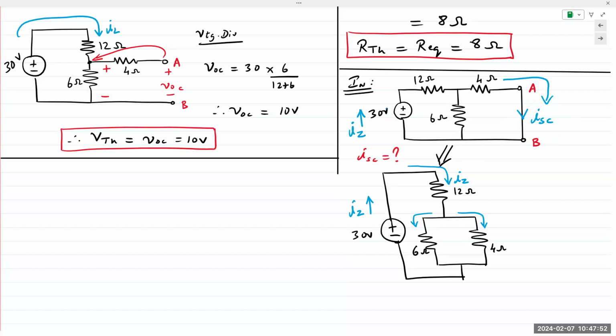ISC, the current that we need to find, is the current that is flowing through that 4 ohm resistor. Does everybody see that? Right? So again, take it step by step. Do not just be in a rush, because when you're in a rush, that's when errors happen. When you take it step by step, we extend ISC, we can see that it is the current that is flowing through that 4 ohm resistor.